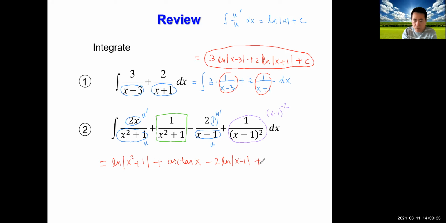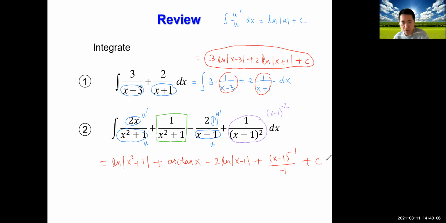And the last term, use the power rule: you add 1 to the exponent, so x minus 1 to the negative 2 power becomes to the negative 1, and divide by the new exponent, negative 1. You may simplify that, but anyway, that's the answer, right?